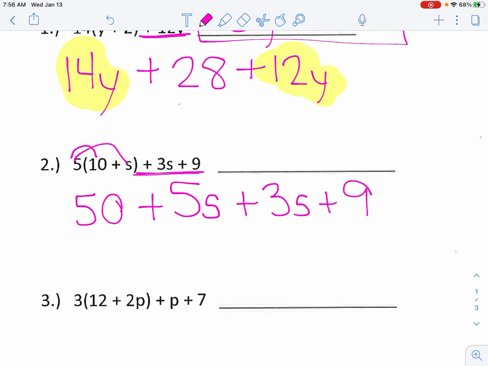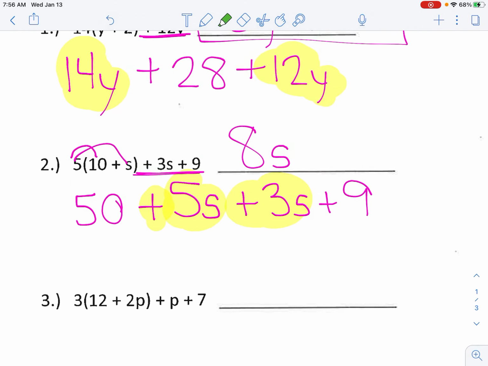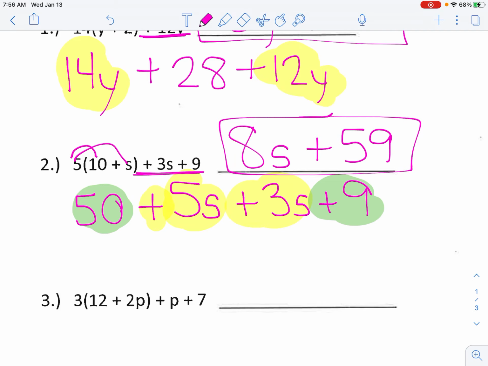After you distribute, you're going to look for like terms. So I see that I can combine my 5s with my 3s. So 5s plus 3s is 8s. And I can also combine my 50 and my 9. 50 plus 9 is 59. Final answer, 8s plus 59.